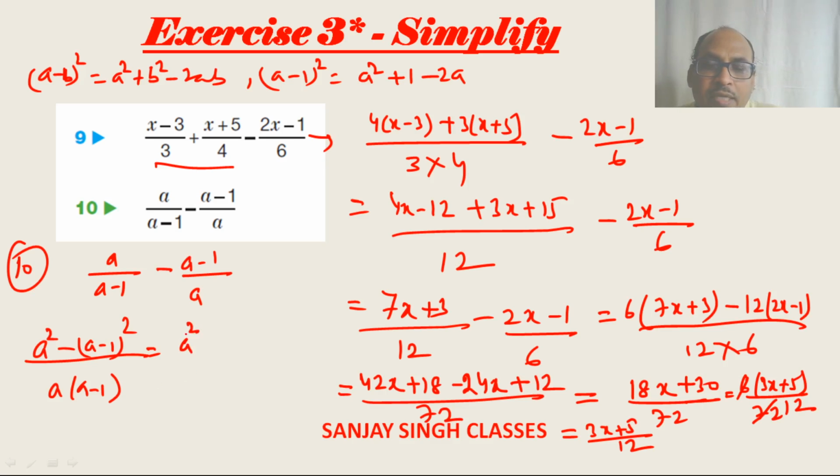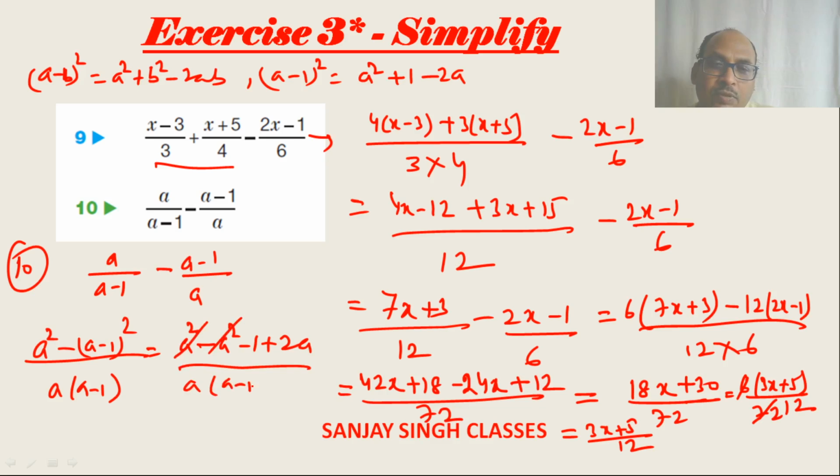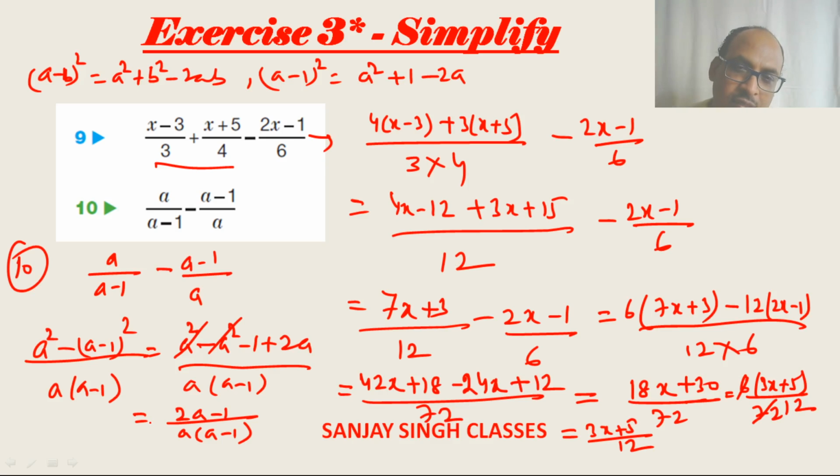So a square and minus a square minus 1 plus 2a. a square has got cancelled, then equal to 2a minus 1 divided by a into a minus 1. So this one will be the answer for this one. Denominator we can write a square minus a, but a into a minus 1 also we can write.